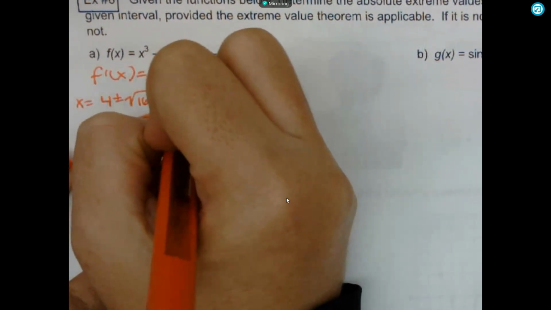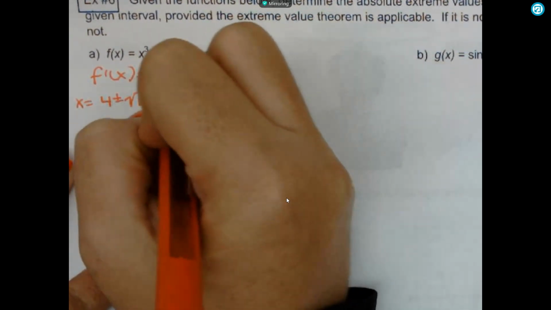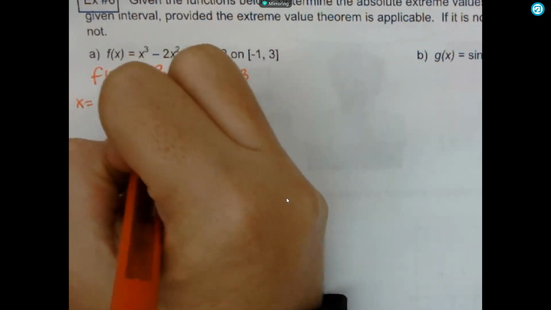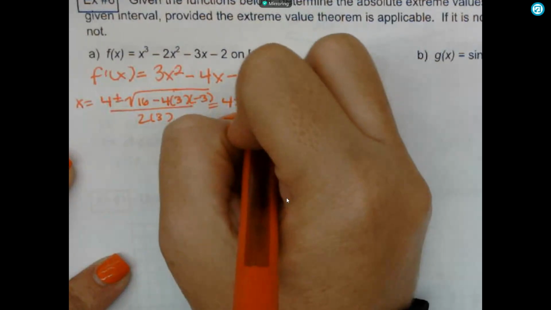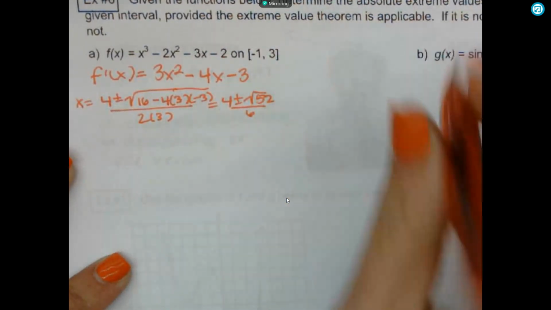So x is going to equal 4 plus or minus the square root of -4 squared is 16 minus 4ac all over 2a. So I ended up with 4 plus or minus the square root of 52 over 6.